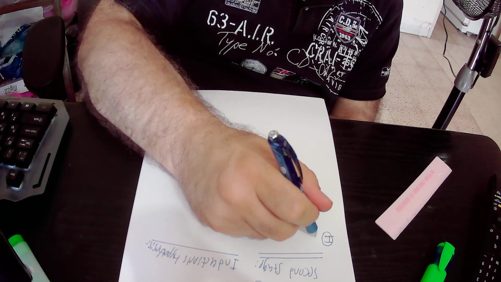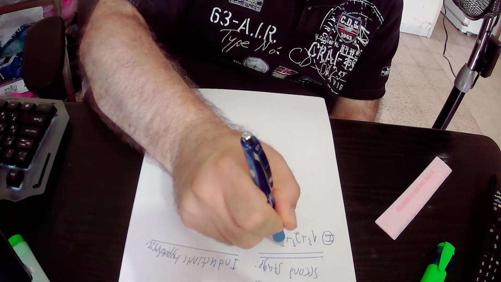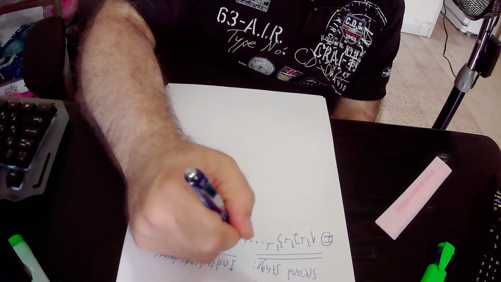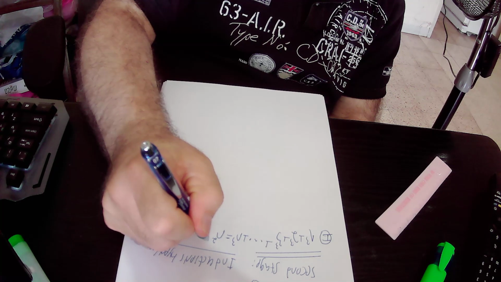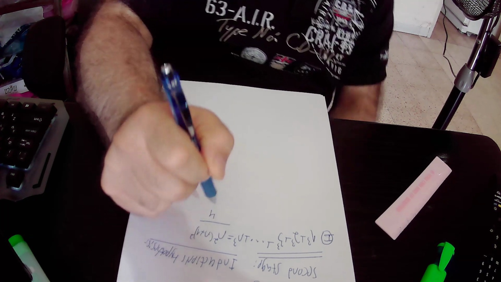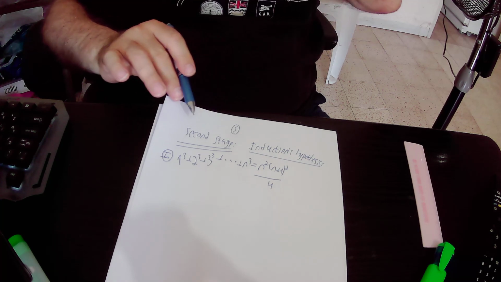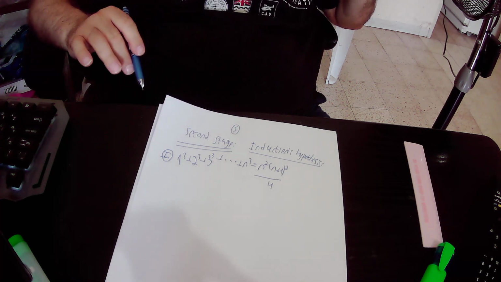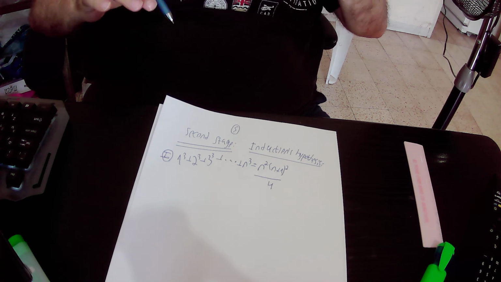So the expression for n will be 1 to the power of 3 plus 2 to the power of 3 plus 3 to the power of 3 plus n to the power of 3 equals n squared times n plus 1 squared all divided by 4. So this is the induction hypothesis or induction assumption. We assume that this expression is true. Okay? The induction hypothesis is the expression for n, and we assume that the expression for n is true.